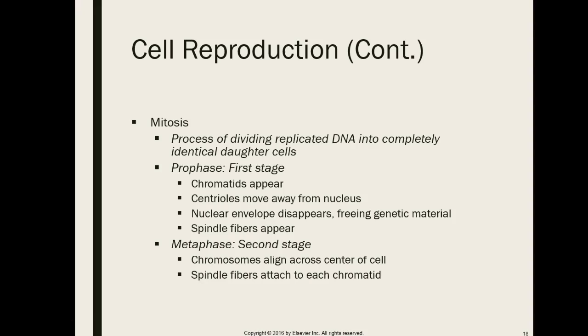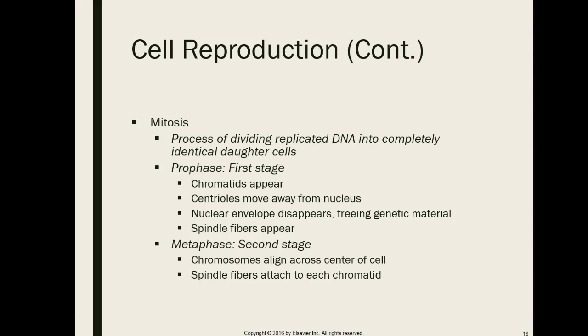So there's no membrane holding back the nucleus, and that genetic material kind of floats throughout the cell then. Another thing that occurs is the spindle fibers appear. So these are kind of the guide wires that assist chromosomes in the movement towards the opposite ends of the cell that we'll see later on in mitosis.